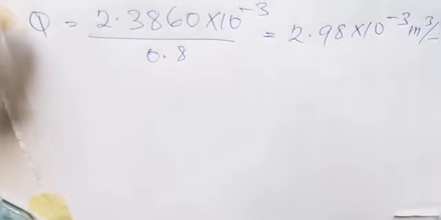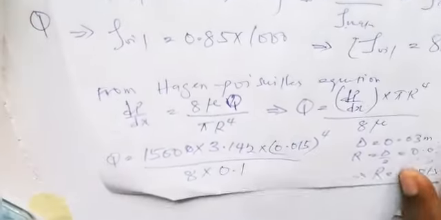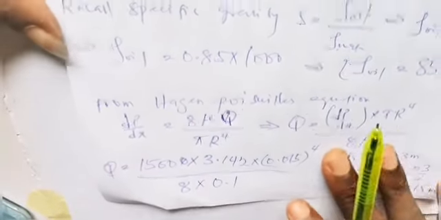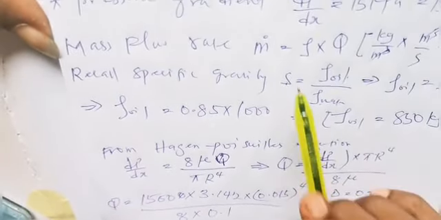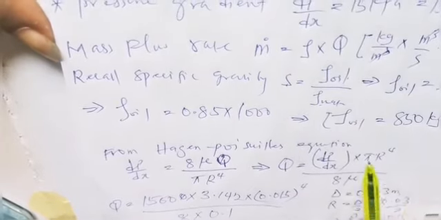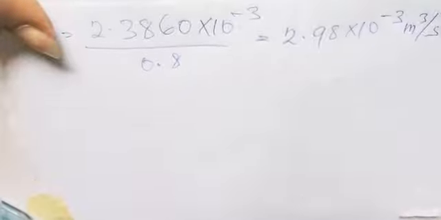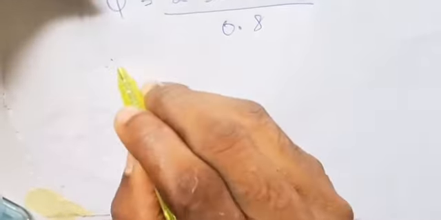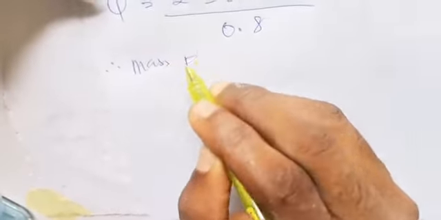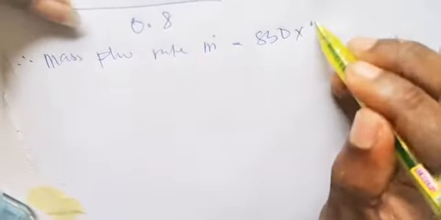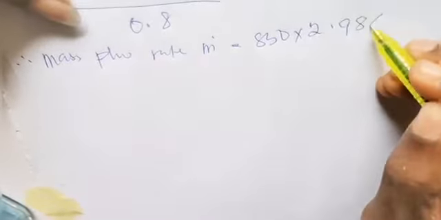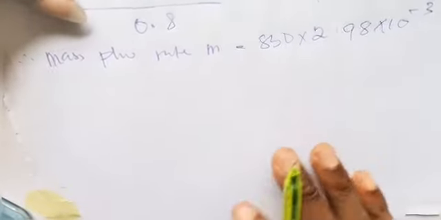So this becomes the discharge. Now recall earlier I said that to calculate the mass flow rate, all you need to do is simply multiply density and the discharge. Now we've obtained the density to be 850, we've found the discharge, so we can now find the mass flow rate. Therefore, mass flow rate m dot is density 850 multiplied by discharge 2.98 by 10 to the power of minus 3.